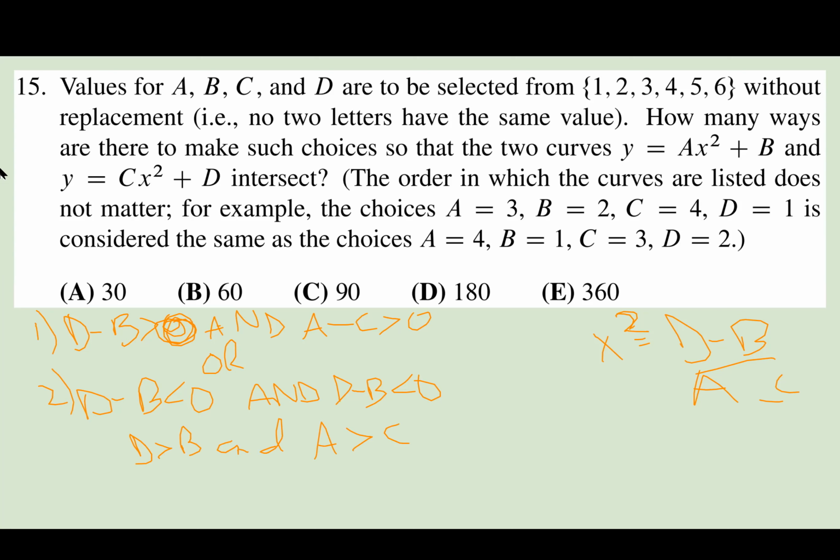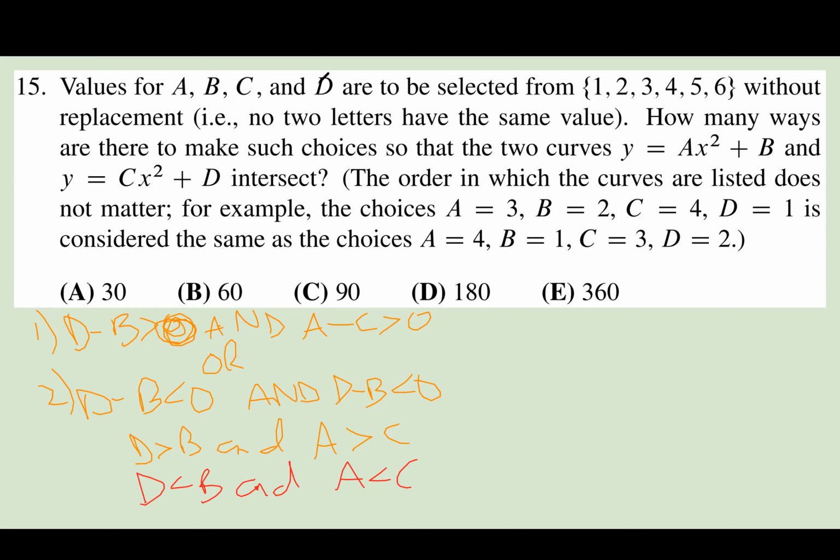Right, and then we would look at the second case, but it turns out that the second case is basically the first case, but with the letters a, b swapped with c and d. Because in the second case, what ends up happening is d is less than b and a is less than c, which basically just swaps a with c and b with d.